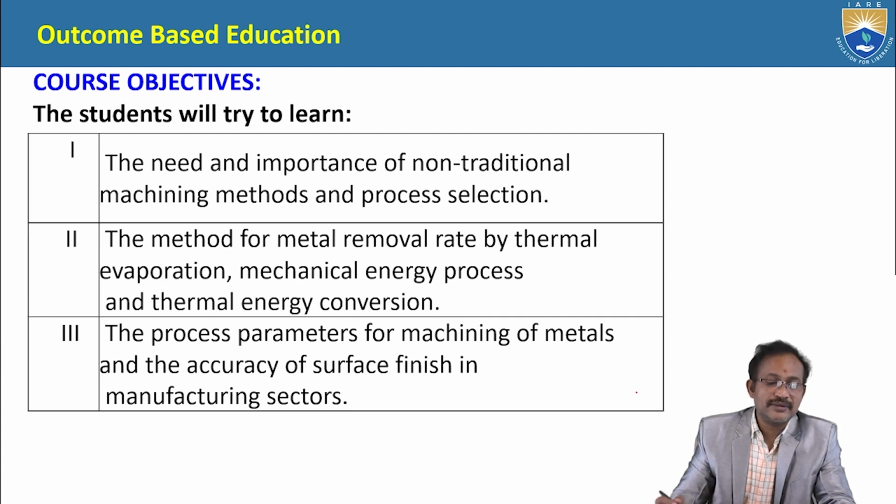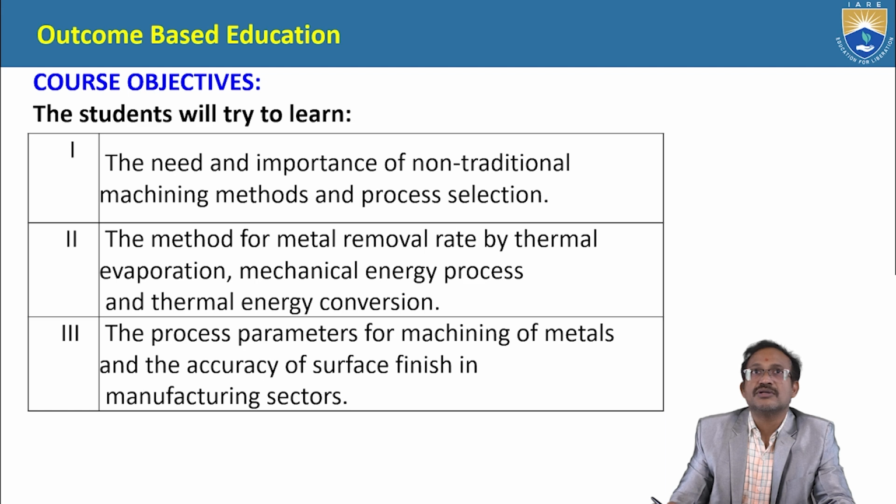So these are the course objectives. Machining of complex shapes, accuracy, surface finish and precision are the important parameters in the manufacturing scenario. Unconventional machining process is meant for precision, surface finish and accuracy, and machining of complex shapes is possible with it.